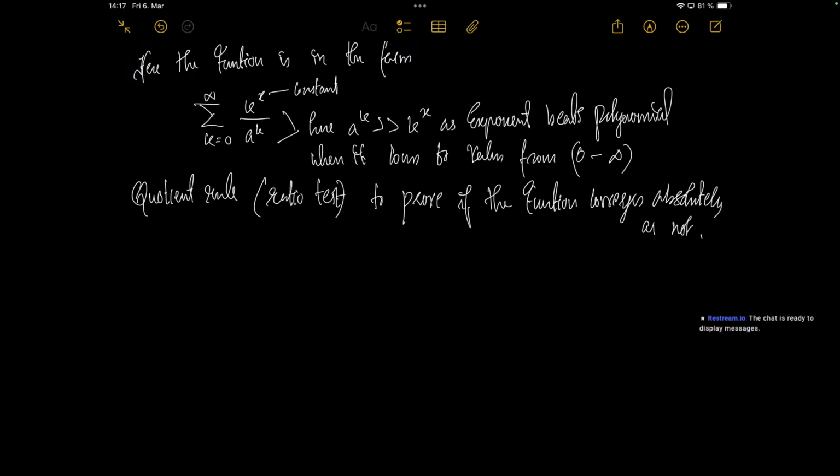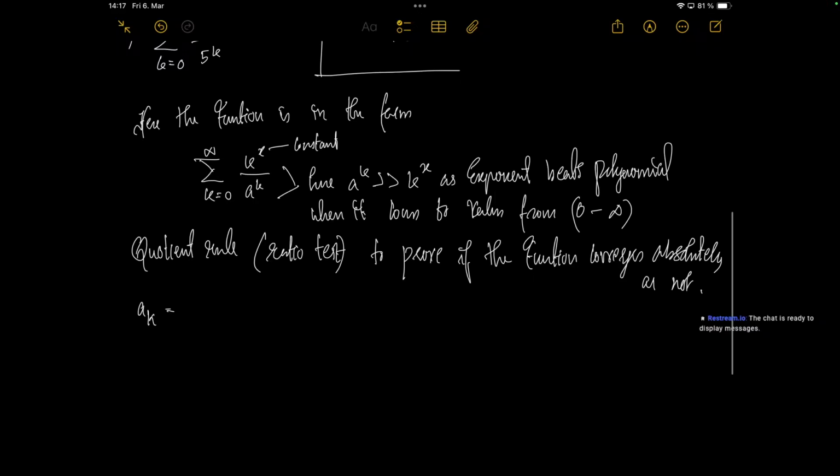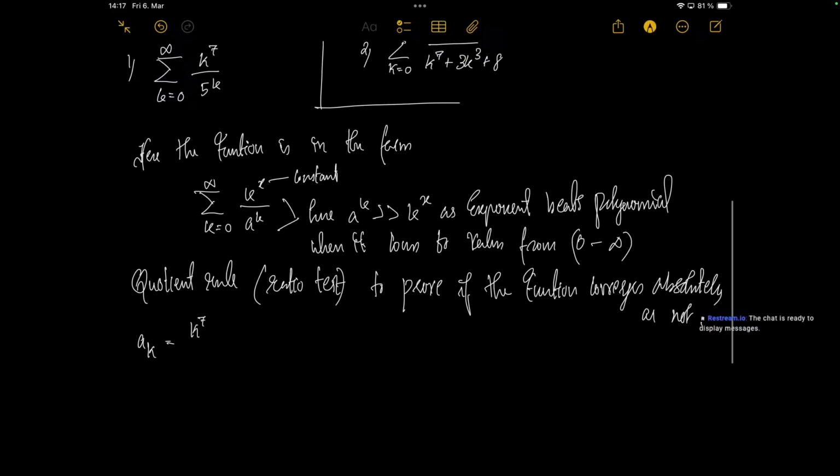So we consider the function a_k equals k^7 divided by 5^k, and a_{k+1} equals (k+1)^7 divided by 5^(k+1).